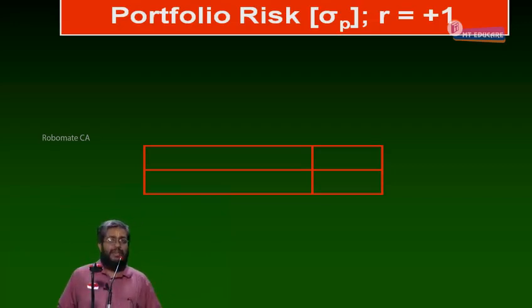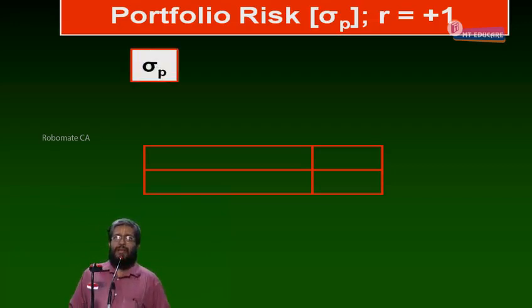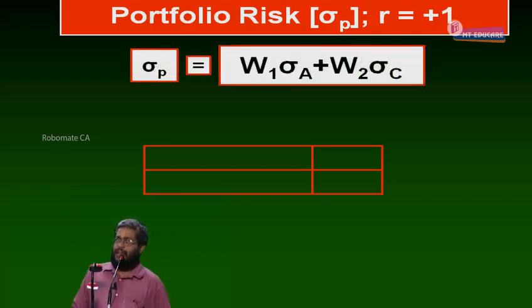Portfolio risk. Can I proceed? Now, sigma P is equal to W1 sigma A plus W2 sigma C. Standard deviation of portfolio is equal to W1 standard deviation of A plus W2 standard deviation of C. Why such a simple formula? Because r is equal to +1.